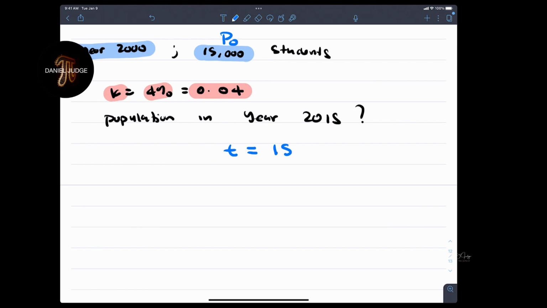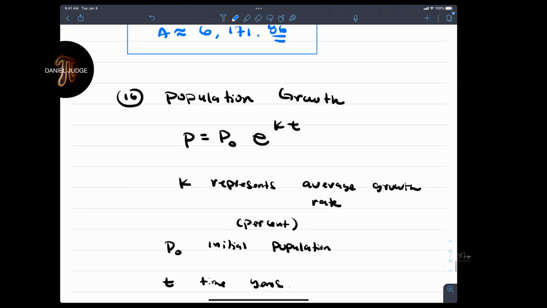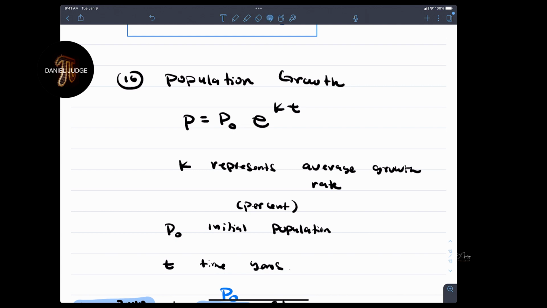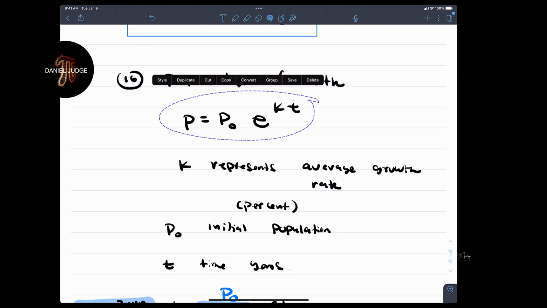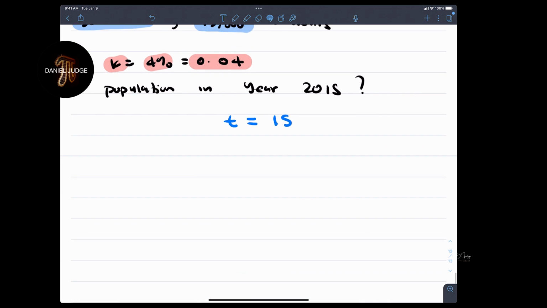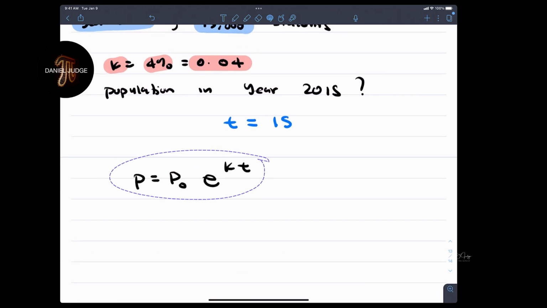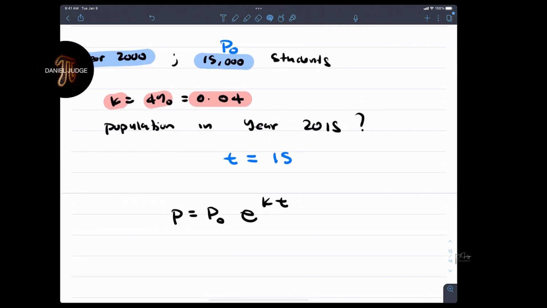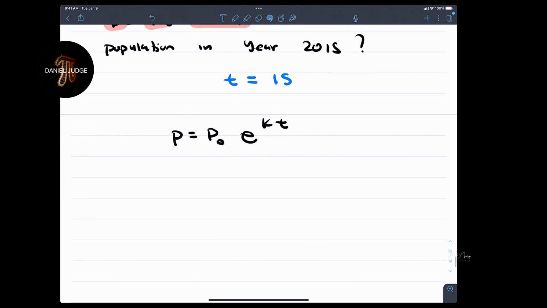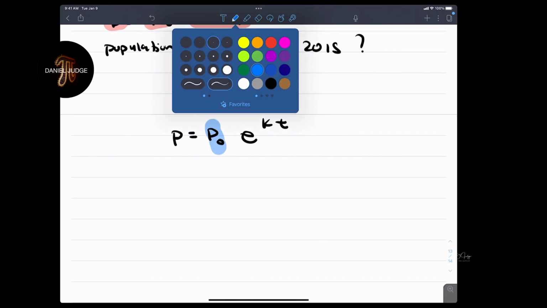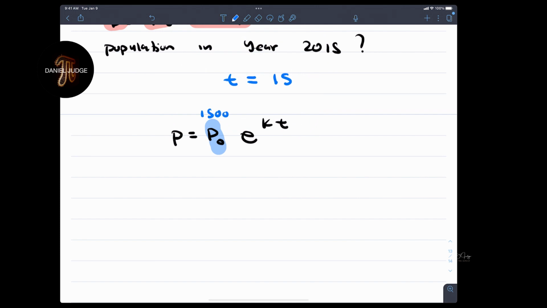15 years later. So when we use the same formula here, this is just like money. Population grows just like money's supposed to grow, in a continuous sort of way. So you're going to replace this P naught, that's like your starting population, like your starting investment, 15,000.